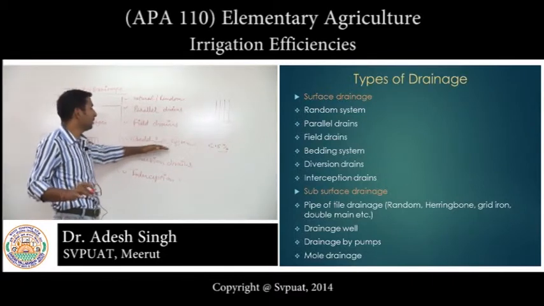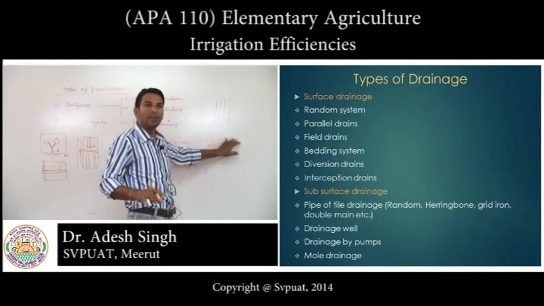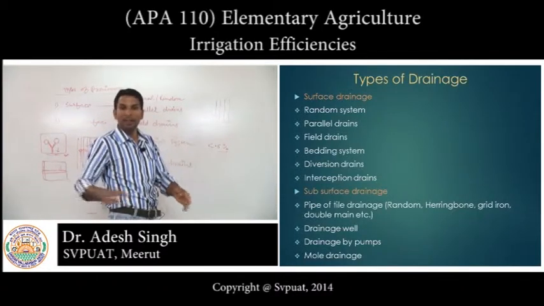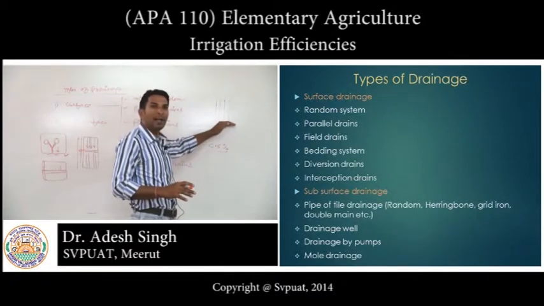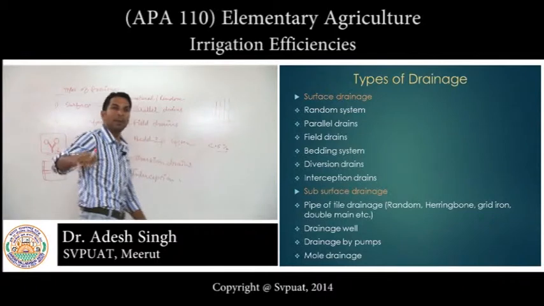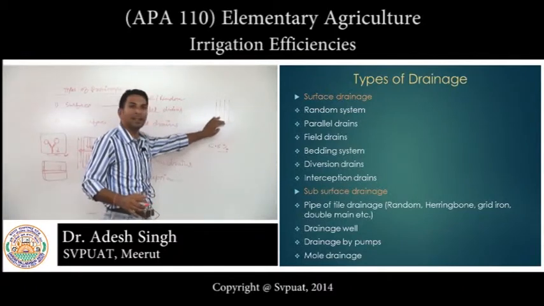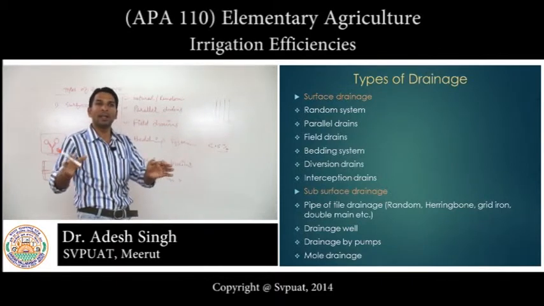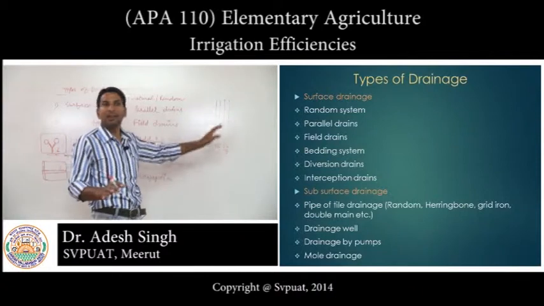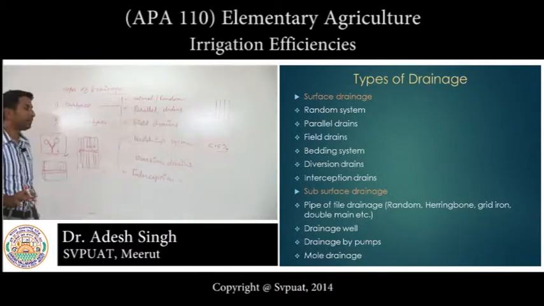So the bedding system is adopted where the slope is very low or where the soil is leveled, but simple dead furrows can be opened with the help of a plow, and they can act as the drainage channel, without wasting more soil in the construction of these kinds of channels.